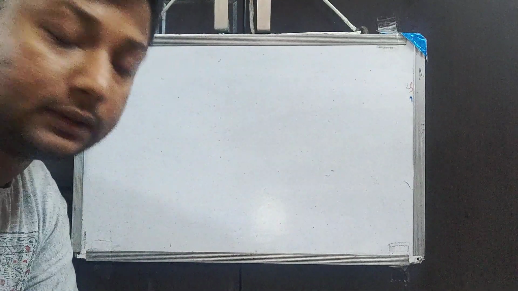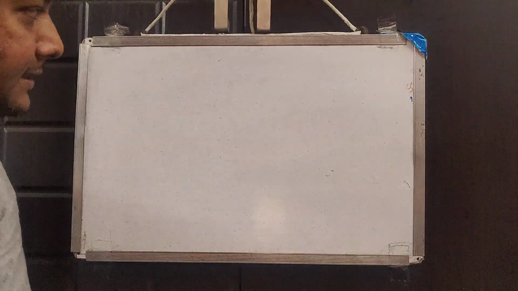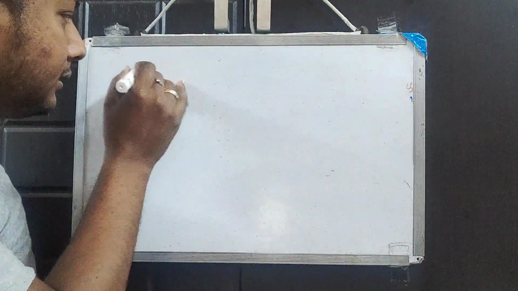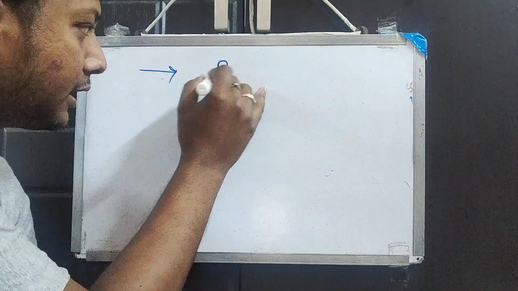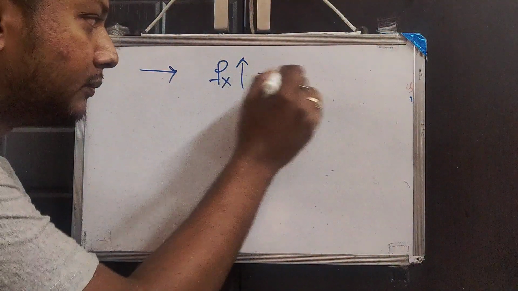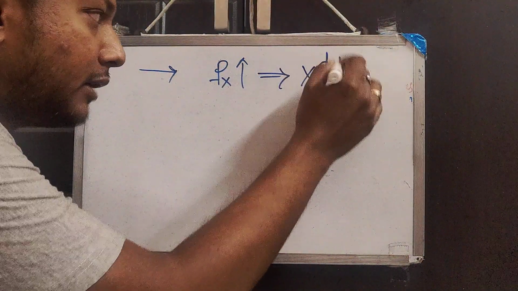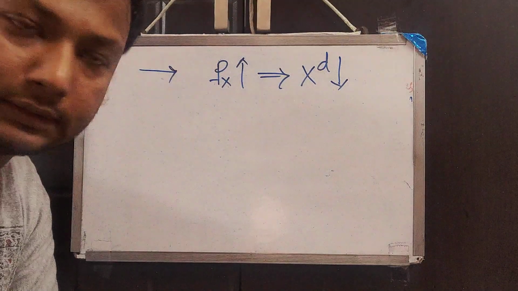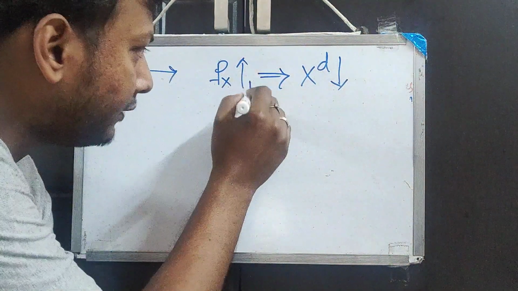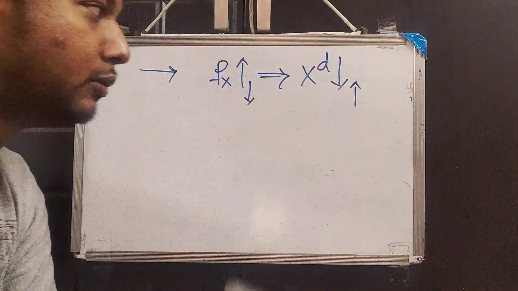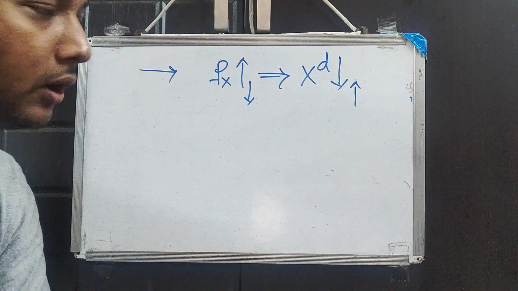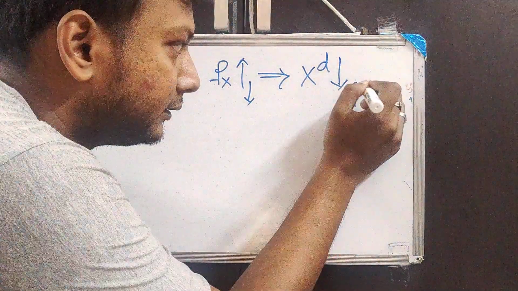So, hence we can say that according to the law of demand, if price of the commodity goes up, demand for it will go down, keeping other factors constant, or if the price goes down, demand for it will go up, keeping all other factors constant.